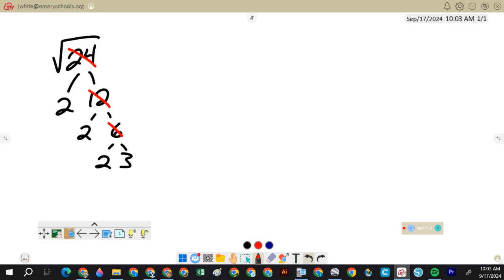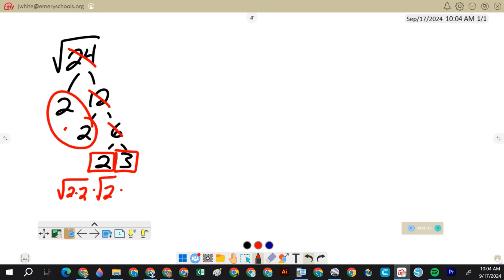Do I have any pairs? I have a pair of 2's, and then I have a leftover 2 and a leftover 3. Okay? So let's write that out. This pair becomes the square root of 2 times 2, and the leftovers look like that. Does that make sense to everybody?